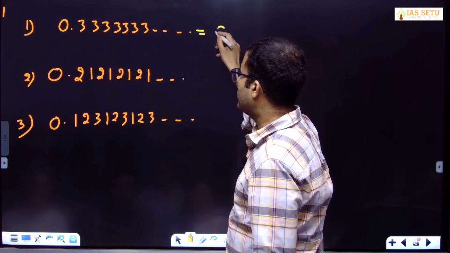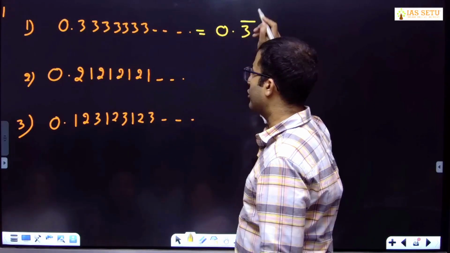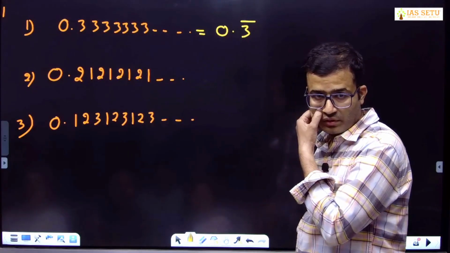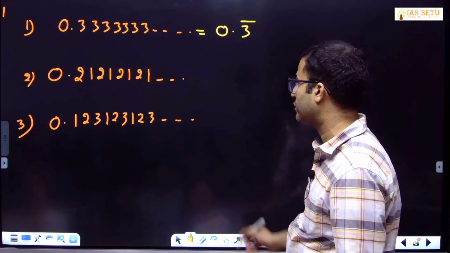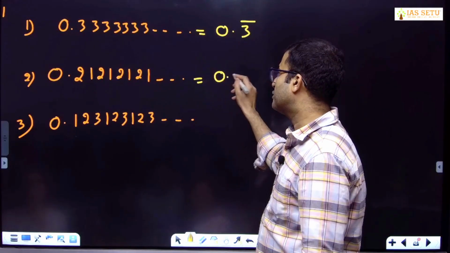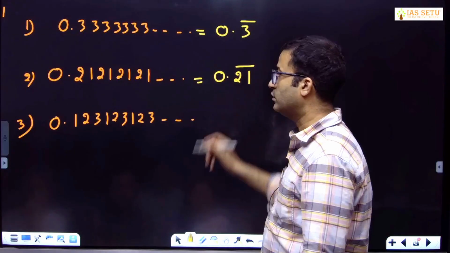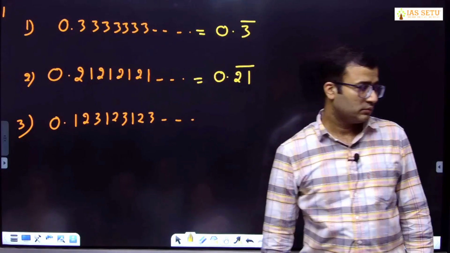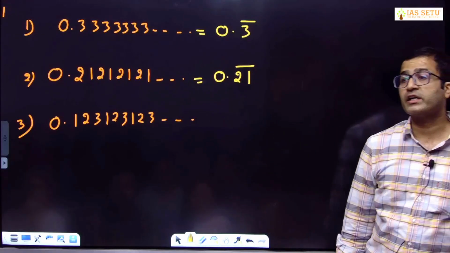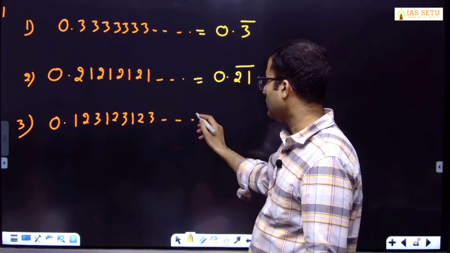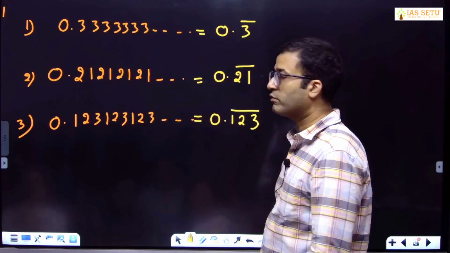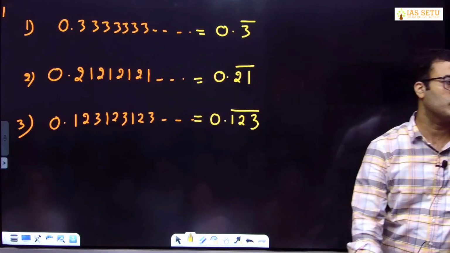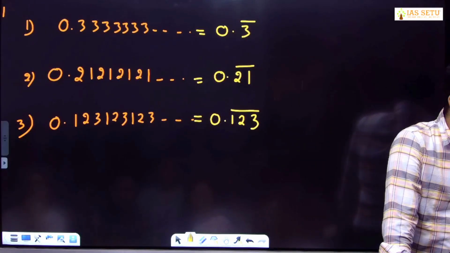Step number 1, we express it as 0 bar on 3. 3 recurs again and again, so we put a bar on 3. Second example is 0.21 bar on 21. So here 21 recurs again and again. Now the third example 0.123 bar on 123. So here 123 recurs again and again.